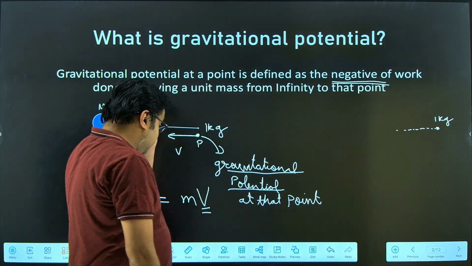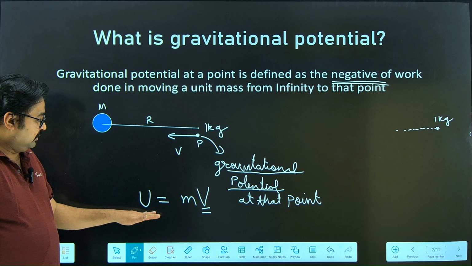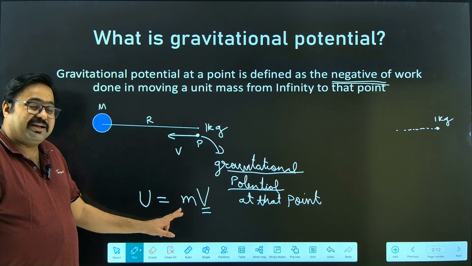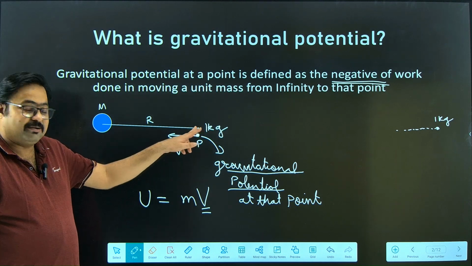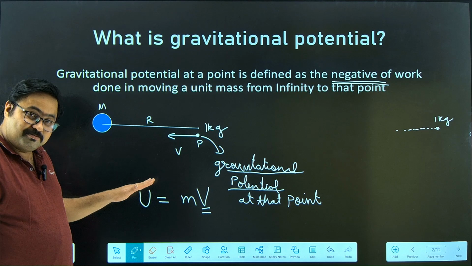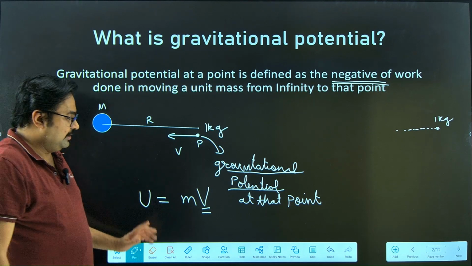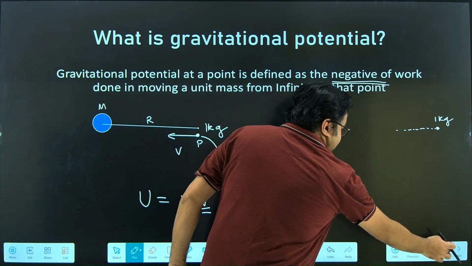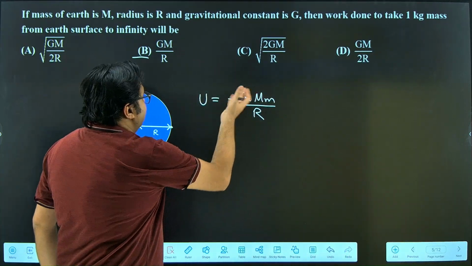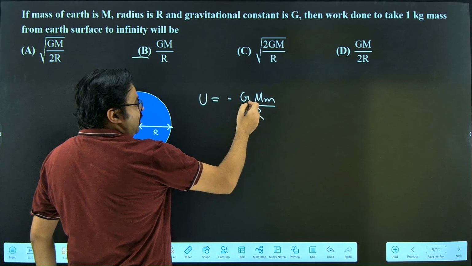I arrived at that formula using this understanding. If you know the gravitational potential at any point, you multiply the mass which is placed at that point with the gravitational potential, you get the potential energy of that mass. That is the understanding. When we get this bit, we can now apply the same formula here.